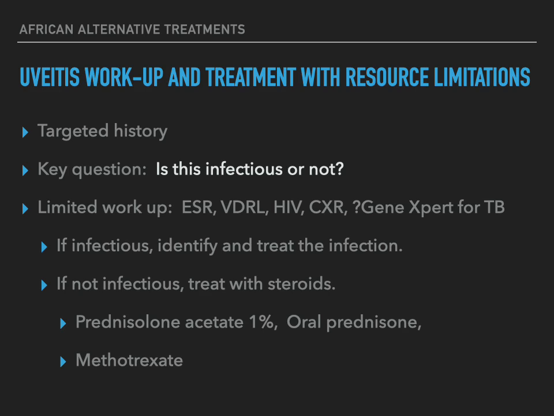Our standard uveitis workup includes sedimentation rate, VDRL, HIV, chest X-ray, and sometimes GeneXpert, which is a sputum test for tuberculosis. If infectious, then we treat the infection. If not, then we turn to steroids or other suppressive agents like methotrexate. Sometimes, if the history or exam really makes us suspicious of TB, then we will treat presumptively for tuberculosis.